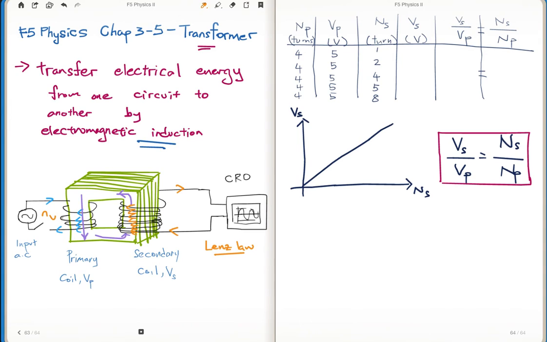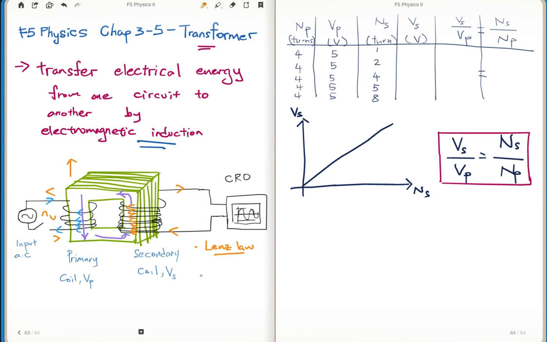The next half cycle, the current flows in the opposite direction. So what happened? The magnetic field switches. Now the magnetic field goes up, the other way around.